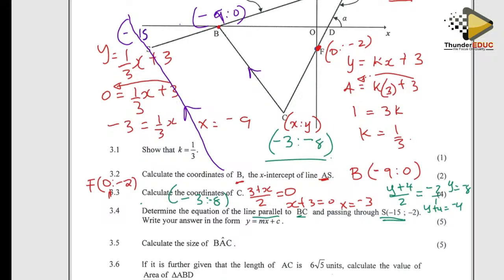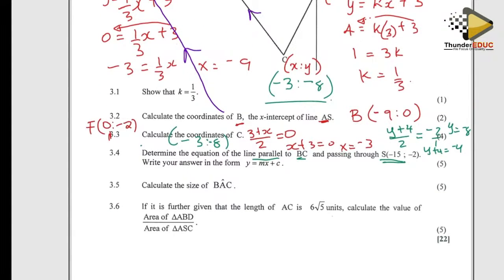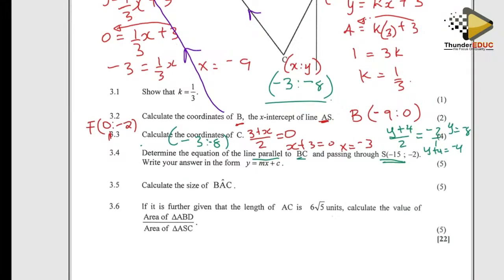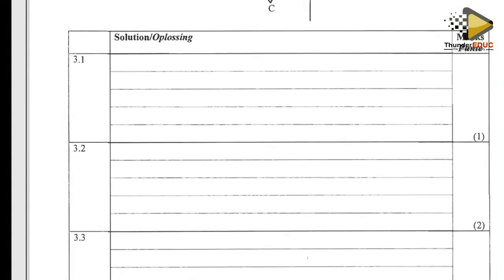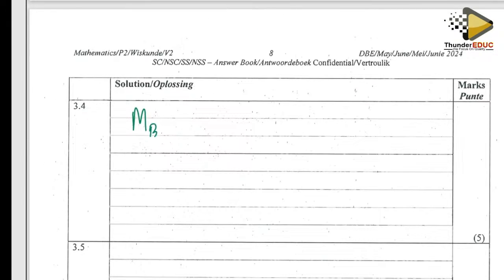Okay, this is (-15, -2). So I need to get the gradient of BC. Let me just put it this side. So we said gradient of BC.